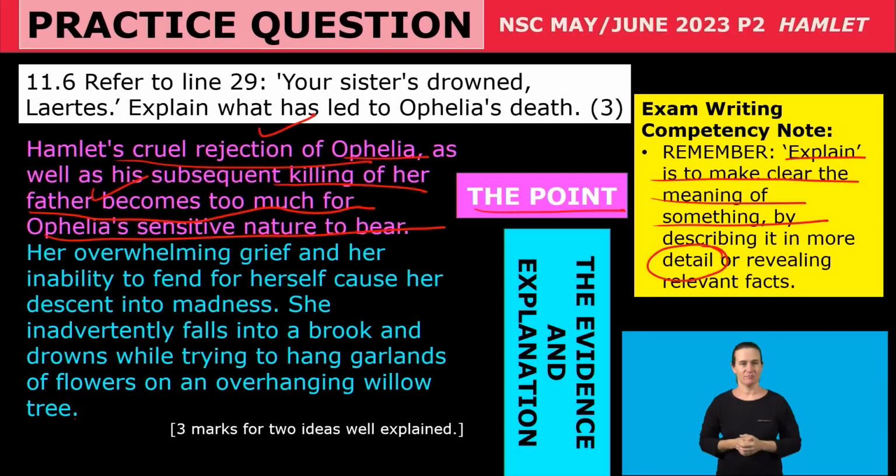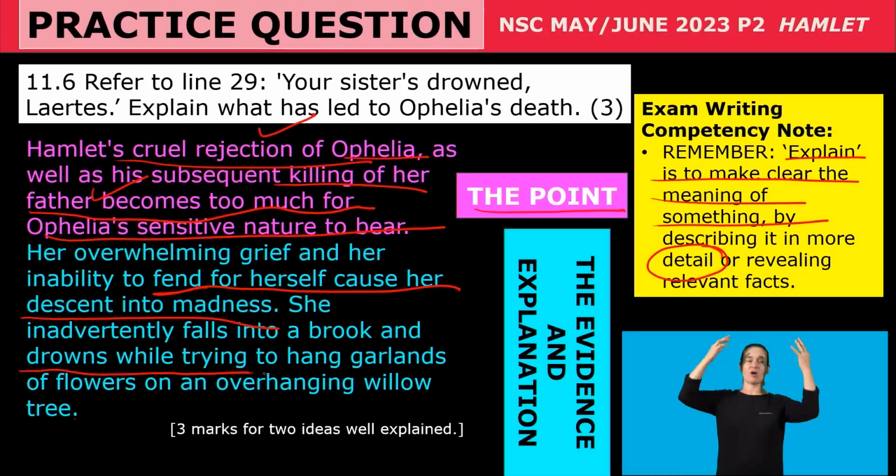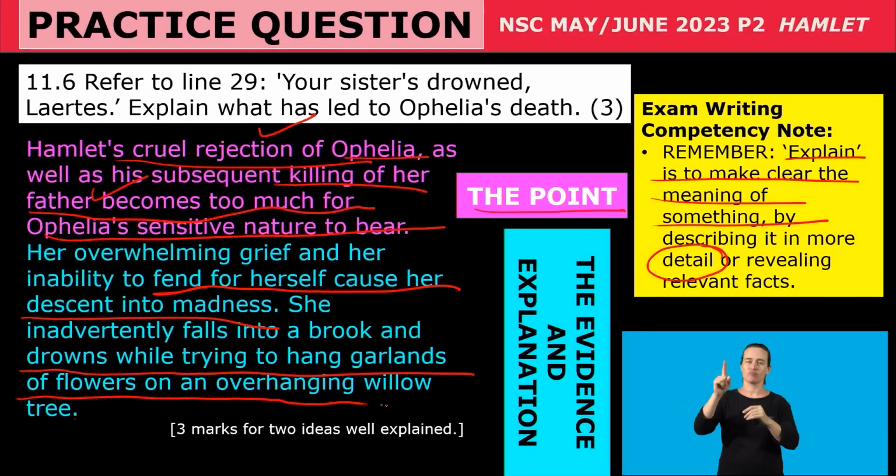So let's explain and provide evidence. Her overwhelming grief and her inability to fend for herself cause her descent into madness. She inadvertently falls into a brook and drowns while trying to hang garlands of flowers on an overhanging willow tree.